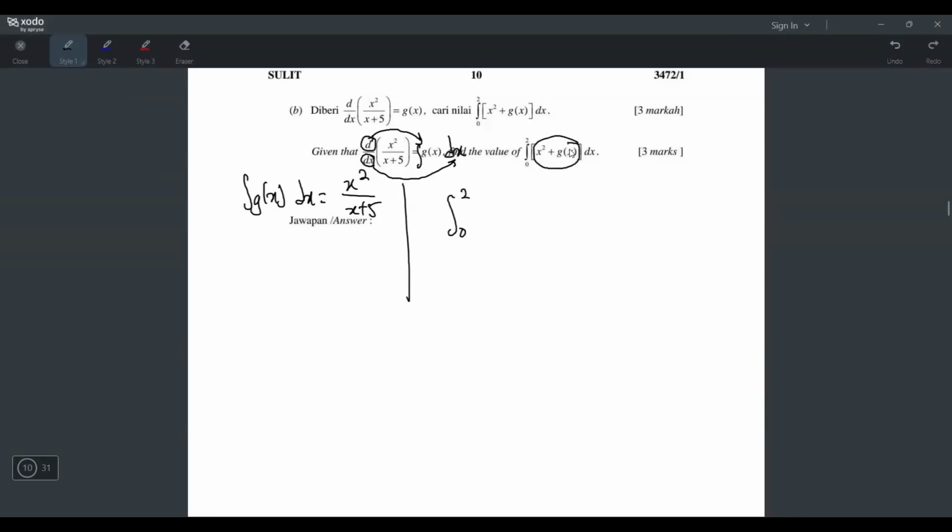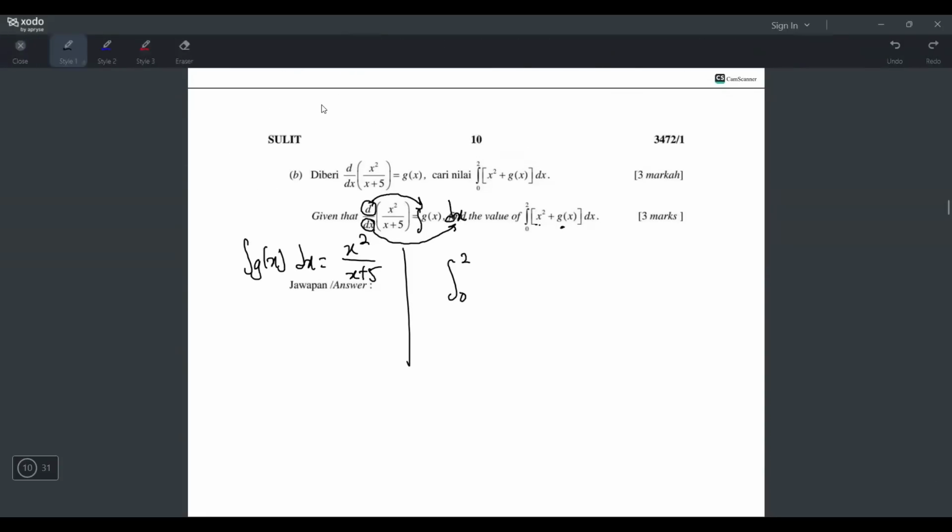This one, you can see there are two terms inside the bracket, right? So you learned before, if I give you, for example, integrate b to a, and let's say there are two terms, f(x) plus minus g(x) dx, you can actually separate this. It becomes integrate b to a f(x) dx plus minus integrate b to a g(x) dx.